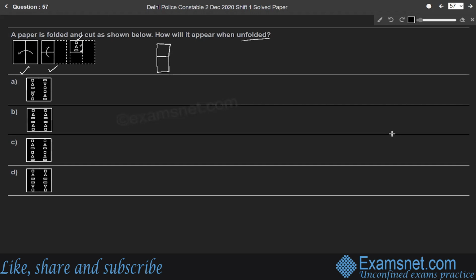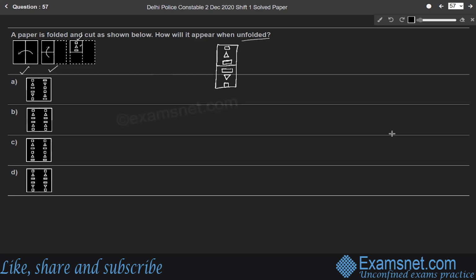So we will get inverted image of the cut portion. Inverted image of the cut portion means this rectangular portion appears exactly the same, and the triangle appears as an inverted triangle like this, and the square will be as it is, right? There is no inverted image of square.